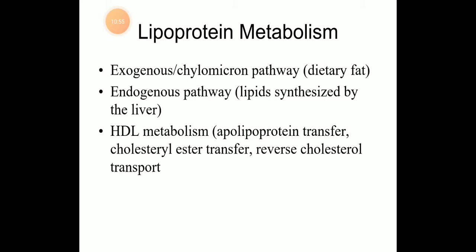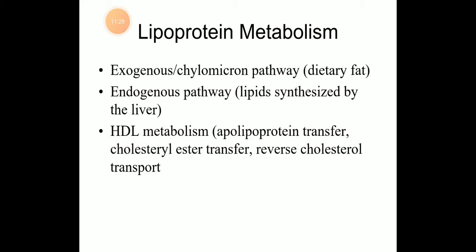So when the lipoprotein metabolism takes place, it takes place in different ways. One is called the exogenous pathway, and this is basically also known as chylomicron pathway, happening from the dietary fat, whereas the endogenous pathway is basically the lipids synthesized by the liver. And HDL metabolism is the apolipoprotein transfer and ester transfer, also associated with reverse cholesterol transport.